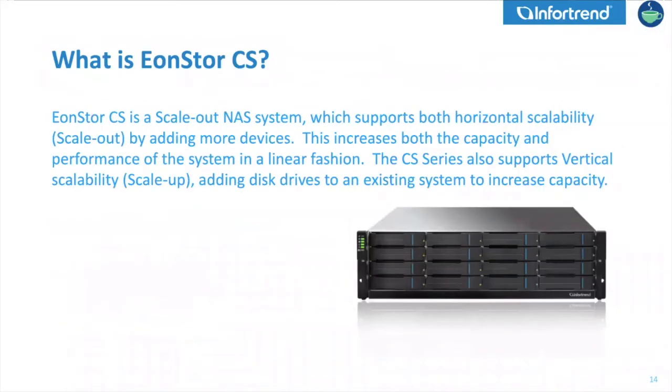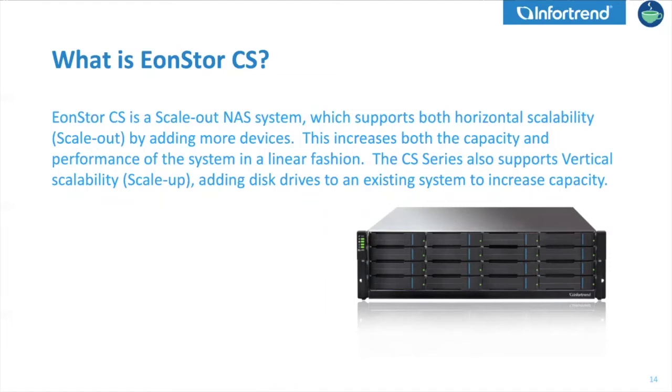So we're just going to do a few slides now on the CS series, which is their scale out NAS system. One of the unique features of the scale out system for the CS is that it supports both horizontal scalability, scale out. If you're thinking about products from EMC Isilon, that's a horizontal scale out system.